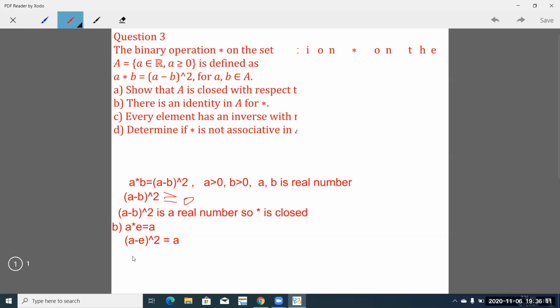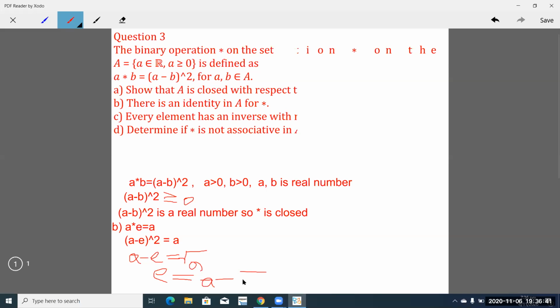Once we square root both sides, we then get A minus E is equal to the square root of A. All right? So that's what we get now. So now we can make E the subject. When we make E the subject, we're getting that E is equal to A minus root A.